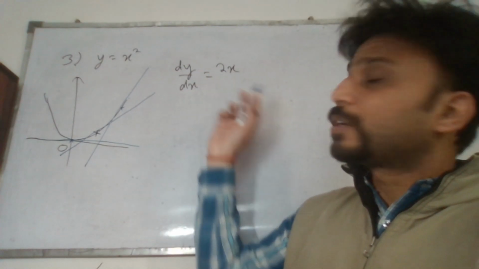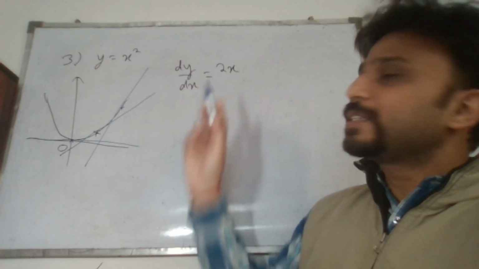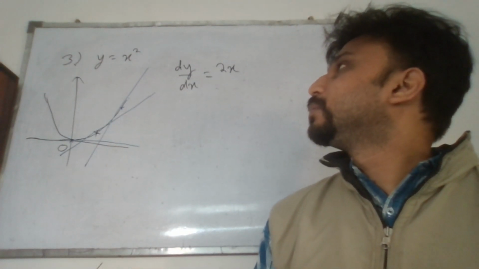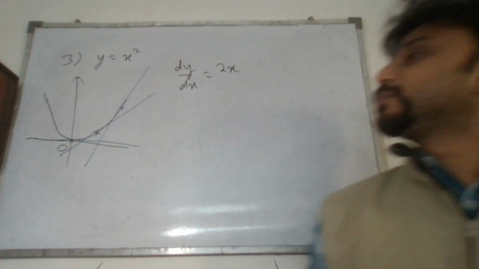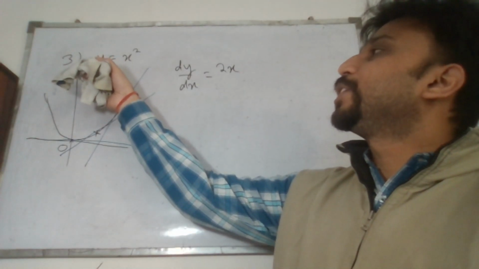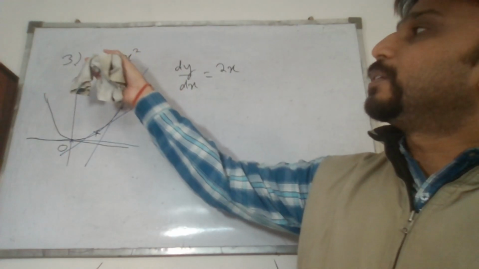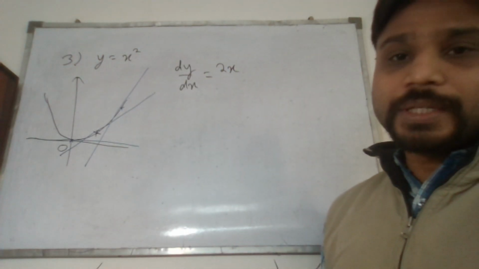So this value should also come out to be 0. If I put x equal to 0 here, it comes out to be 0. So differentiating y equals x square with respect to x gives us dy by dx equal to 2x.